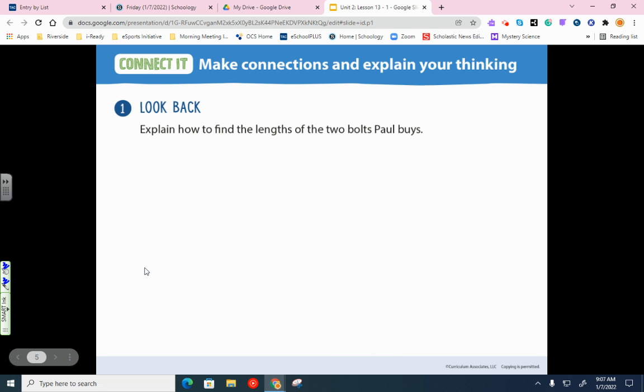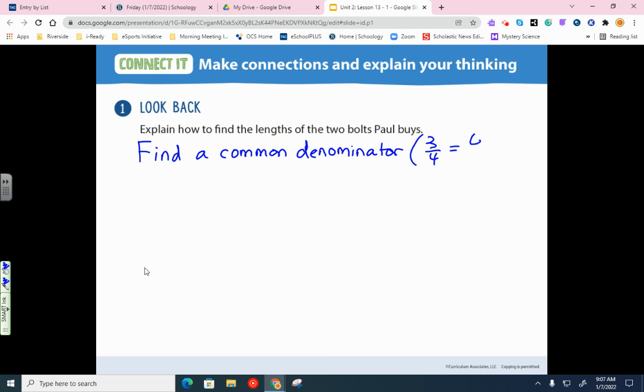All right, let's turn the page. So explain how to find the lengths of the two bolts that Paul buys. The first thing we did was find a common denominator. We did that by making the equivalent fraction of 3/4 into 6/8.